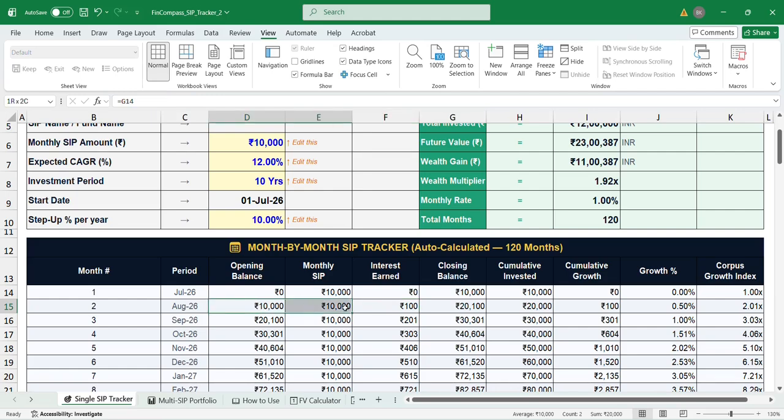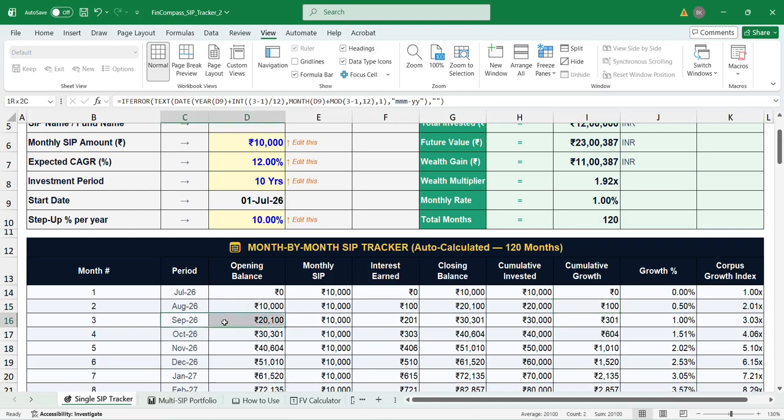All these three things, the July investment, the August investment, and the return you got for July, together make your closing balance 20,100 rupees. The invested amount is 20,000 and the growth is 100 rupees.